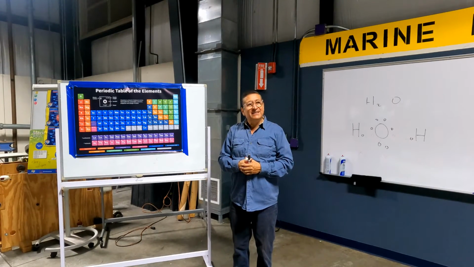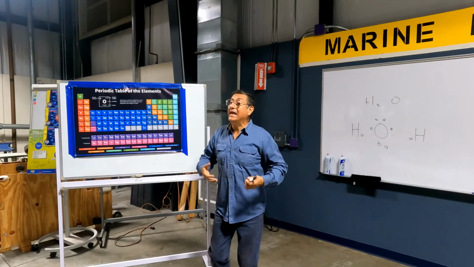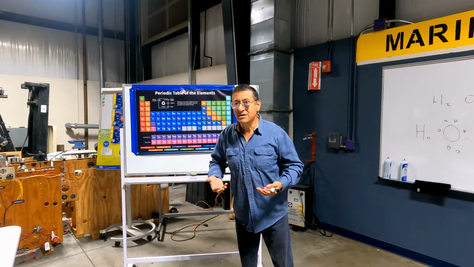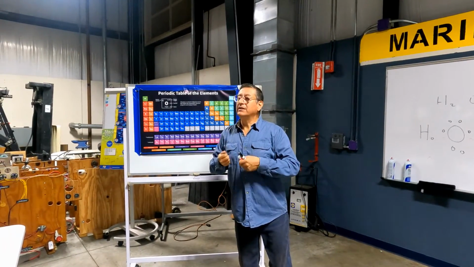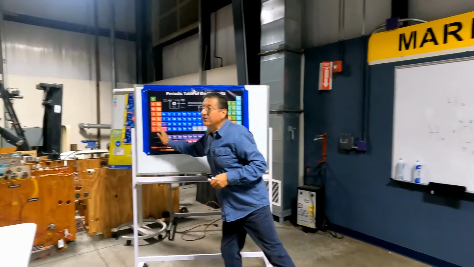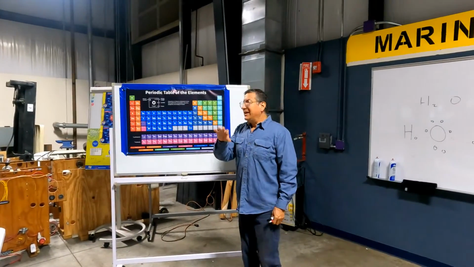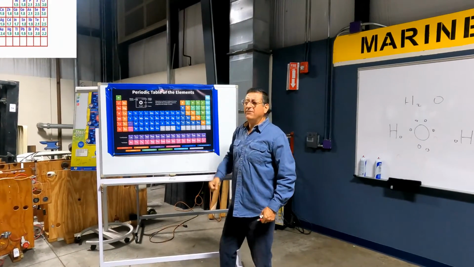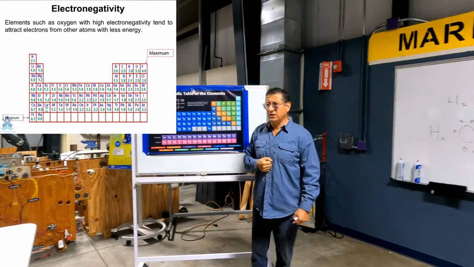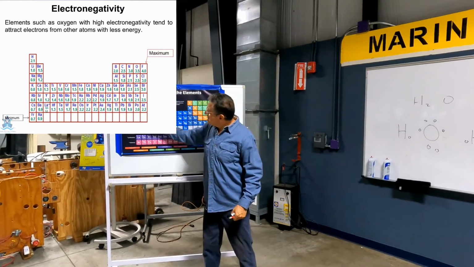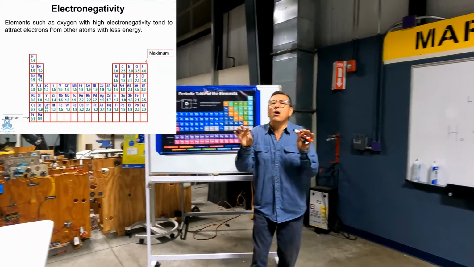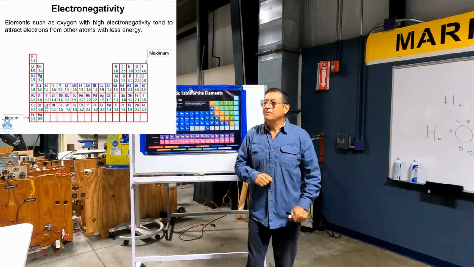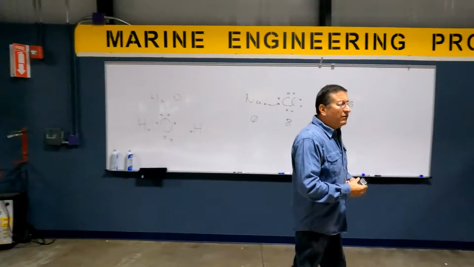Nice, no? The element with more electronegativity absorbs, and the elements with low electronegativity release. In this periodic table, the elements located in this corner have the highest electronegativity, and the elements located in this bottom corner have the lowest electronegativity, the lowest level of energy.